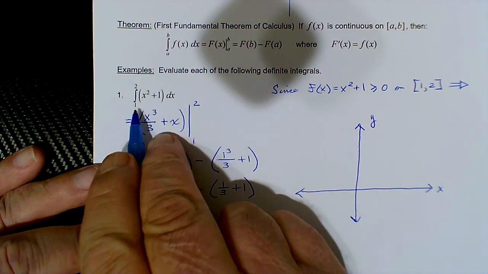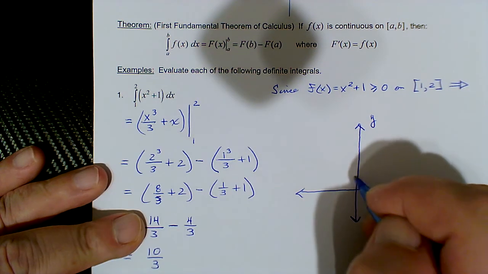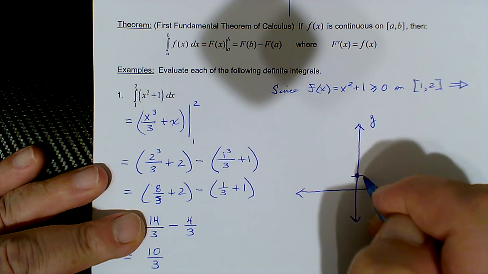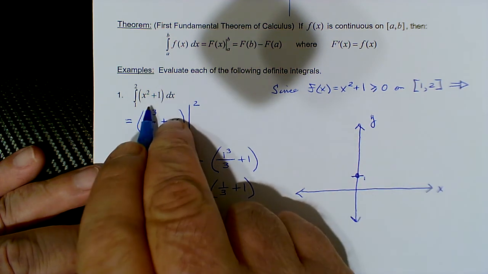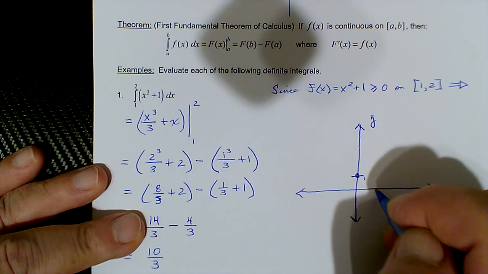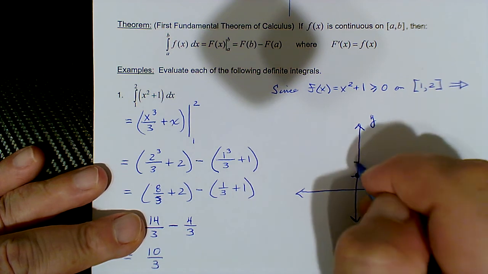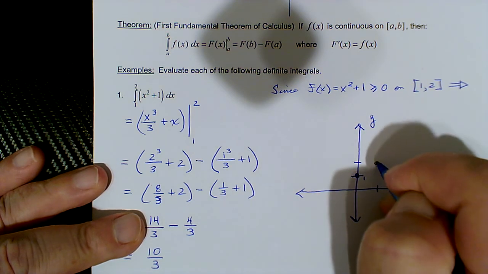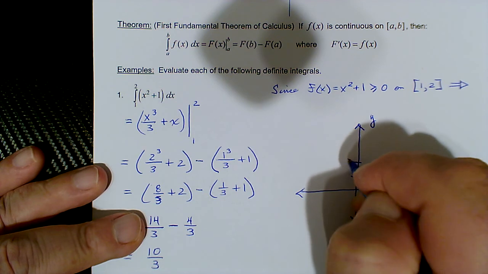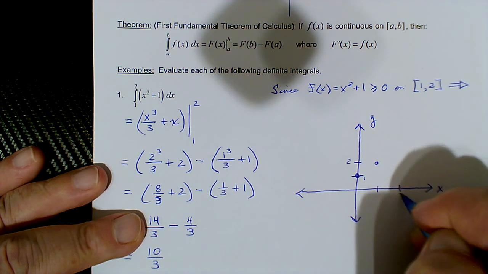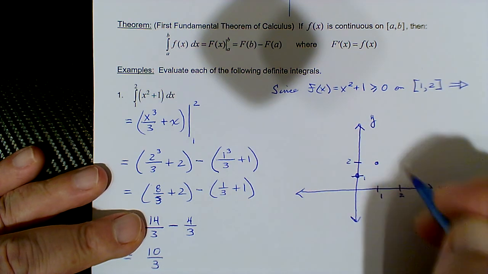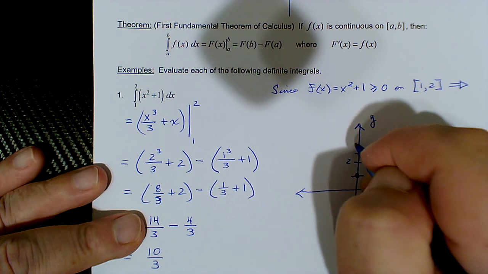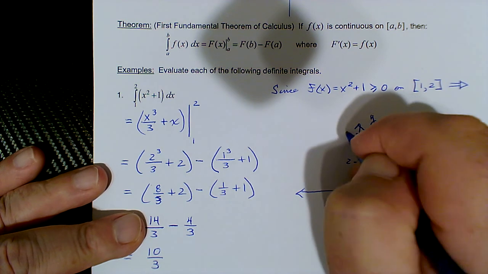Okay, this is just a parabola passing through the point 0, 1 as its vertex. When x is 0, it's 1. When x is 1, it's 2. When x is 2, 2 squared is 4 plus 1 is 5, so 3, 4, 5.